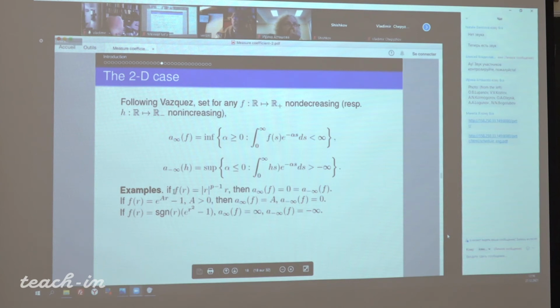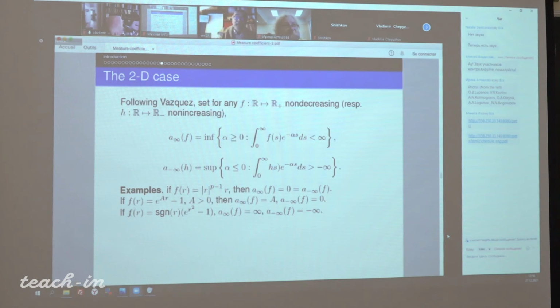Now, for example, if f of r is r to the p minus 1 times r, then A infinity of f is 0. If f of r is exponential of Ar minus 1, for A positive, then A infinity of f is capital A, and A minus infinity of f is 0.